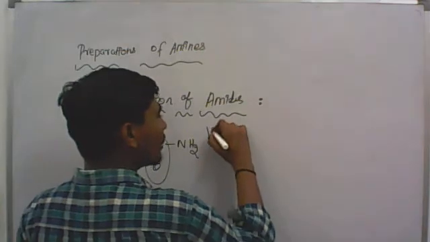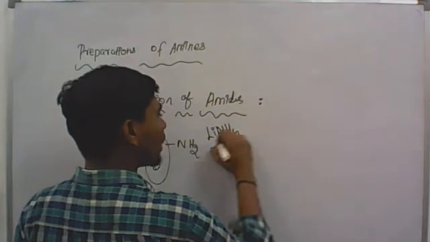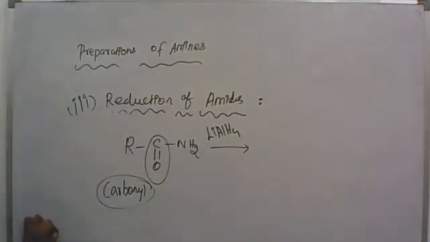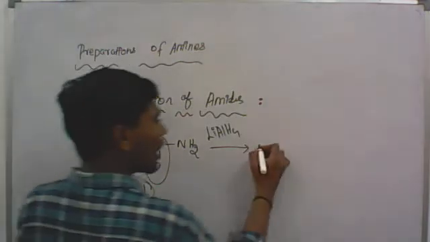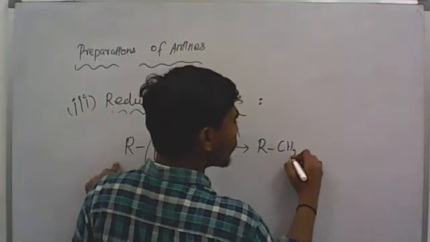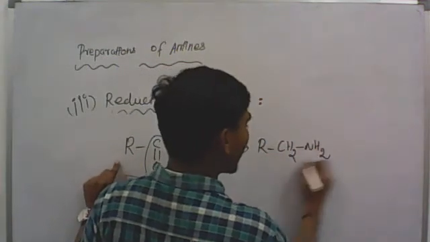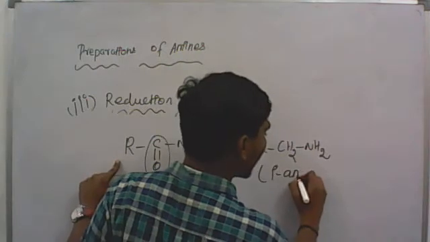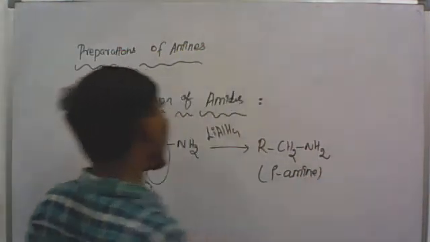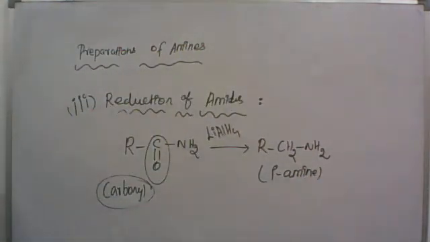So LiAlH4 is used to reduce the carbonyl group, and it produces RCH2NH2. It's called a primary amine. Primary amine is the product here.